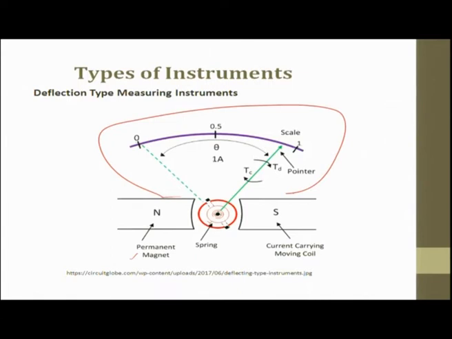And here they have said that the total reading is 1 ampere. So, here you can see that this is TD, you will see what is TD in the next slide, and this is TS, and you also try to make a note of the angle theta.